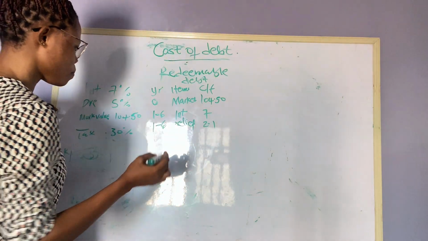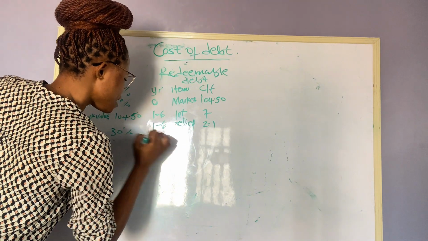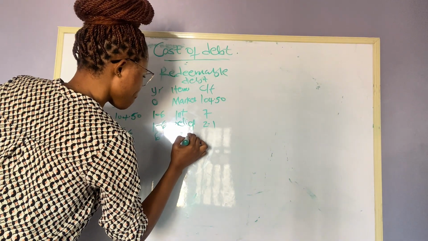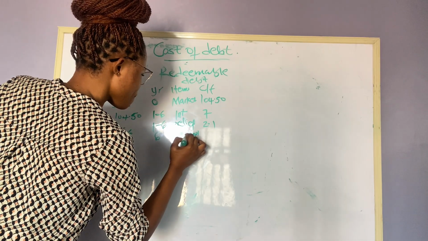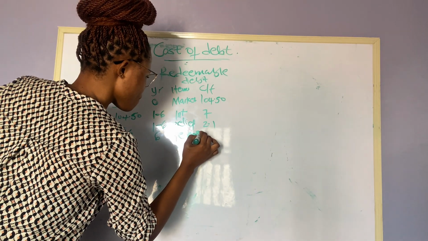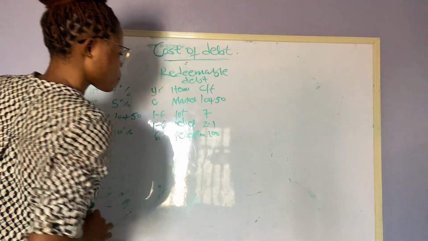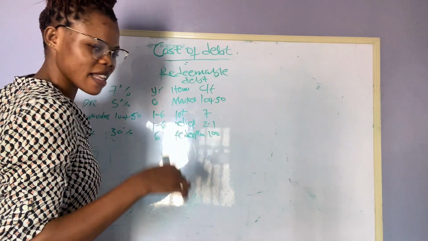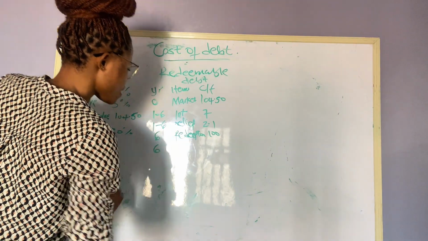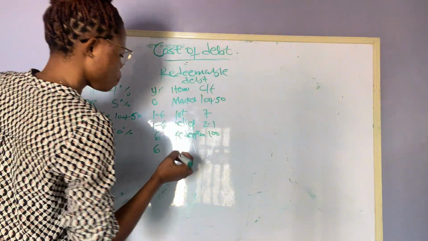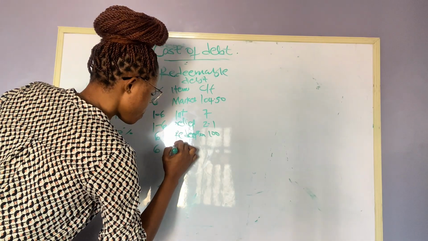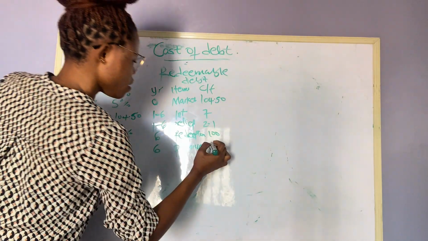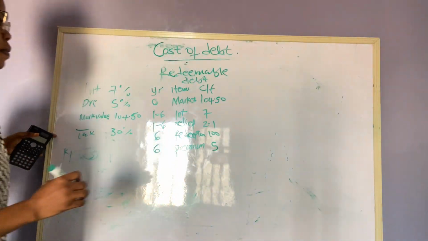In year 6, it will be redeemed at par, which is 100. Premium is also redeemed at the final year, which is year 6 as well. The premium will be 5 naira.